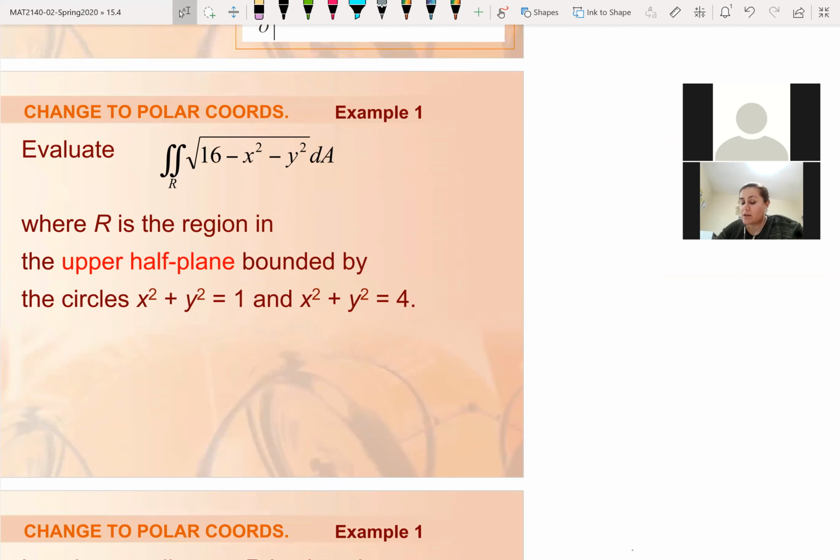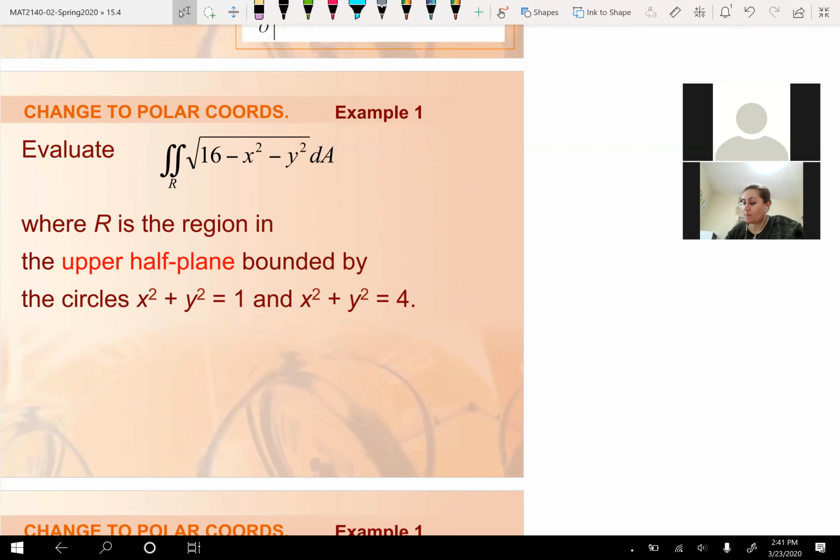It has nothing to do with the polar. How do I know it's easier to do this one in polar? Any idea? Because whenever you write x and y in terms of r cosine and r sine, it'll make it easier, right? Exactly, because of the equation of circles, because of x squared plus y squared.